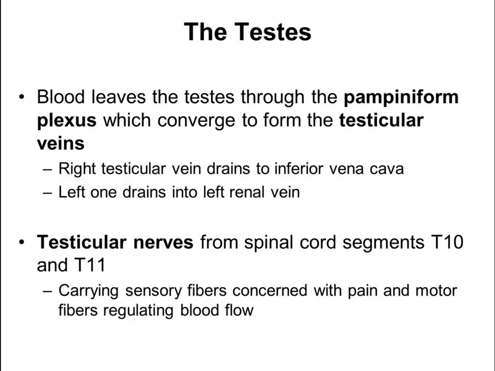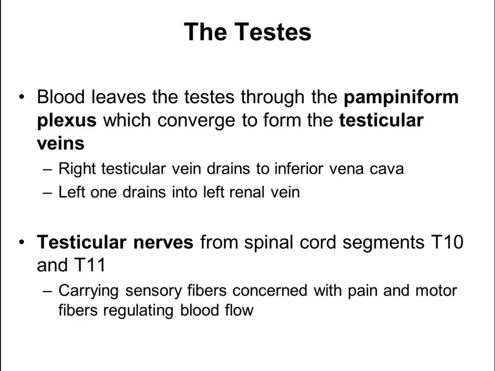The blood leaves the testes through that pampiniform plexus that we talked about, which converges to form the testicular veins. The right testicular vein drains into the inferior vena cava, and the left one drains into the left renal vein.